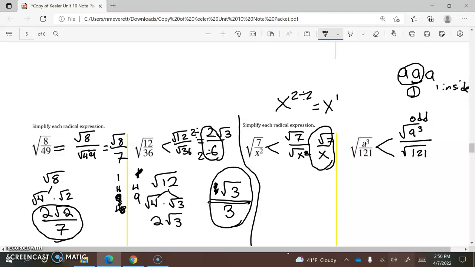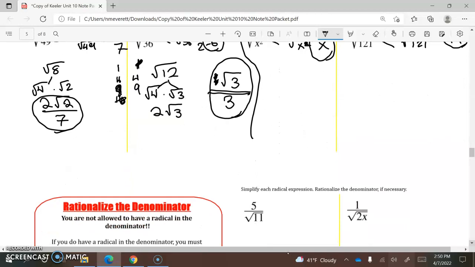So the way that I would simplify that out is a to the 1, because that's the number of pairs I have, times the square root of a, because that's what I'm left with inside, over the square root of 121, well, that's just 11, okay? There's nothing more I can simplify with these. I can't simplify this a with this 11 or this square root of a, so I'm just left with that, okay?